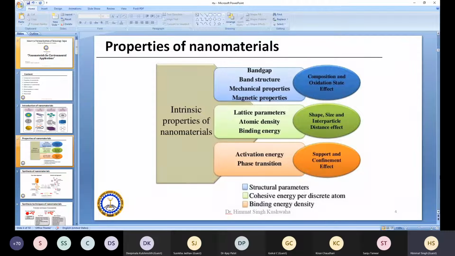Then the activation energy and phase transition effects depend on the binding energy density. And mainly in nanomaterials, it arises from the quantum confinement effect. So we can change these intrinsic properties by composition, size and shape, and these properties govern the different applications of these nanomaterials.